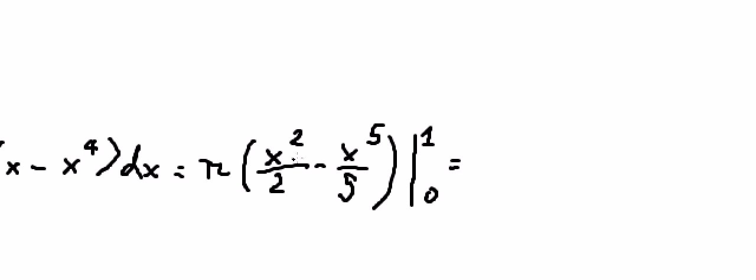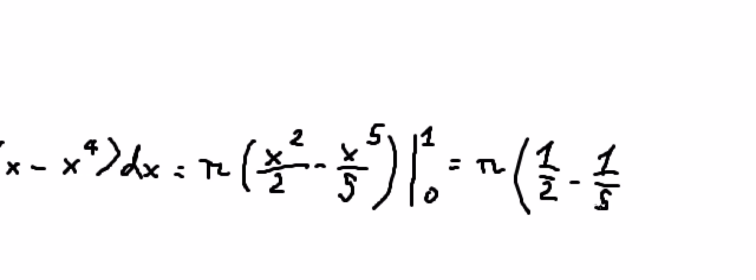So we put in 1 and 0. Because for 0 we don't have any number, we just put in 1. And we get the final answer, which is 3 pi over 10.